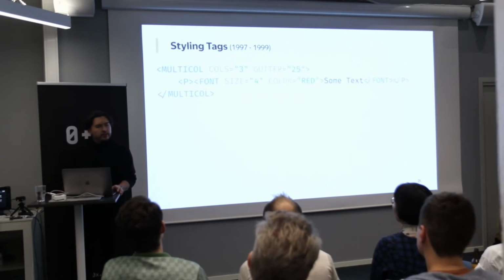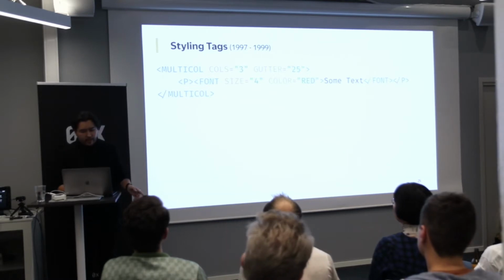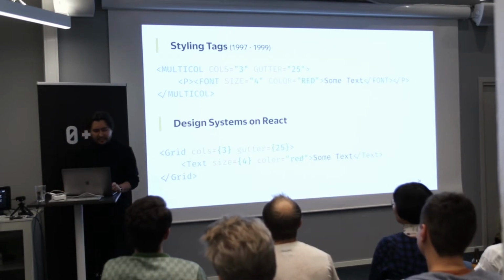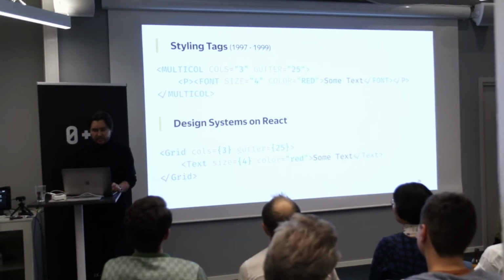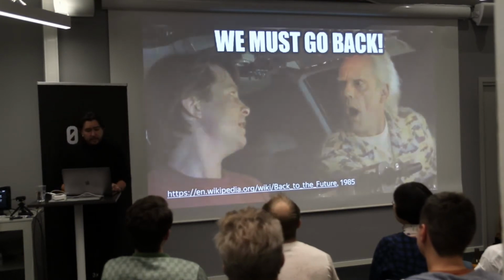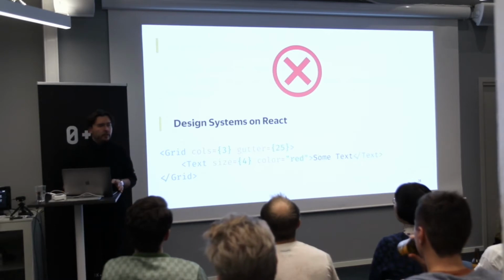At the end of the 90s, there was an idea to style apps by styling text, and you could apply styles to pages like this. Years later, we have design systems in React, right? It's so close, and somebody tell me if you've got a time machine. But at that time, styling text was obsolete, and we don't have it, for example, in HTML5.